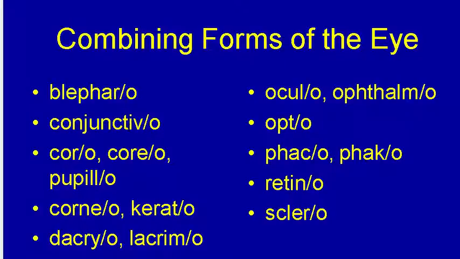Blepharo, conjunctivo, choroido, pupillo, corneo, kerato, dacryo, lacrimo, irido, iro, oculo, ophthalmo, opto, phaco, retino, sclero.